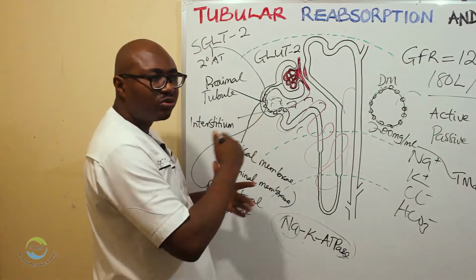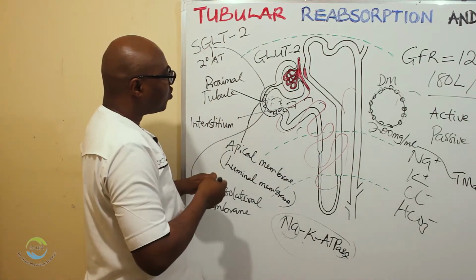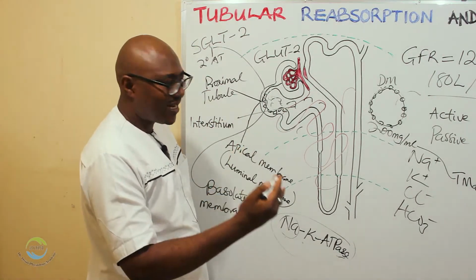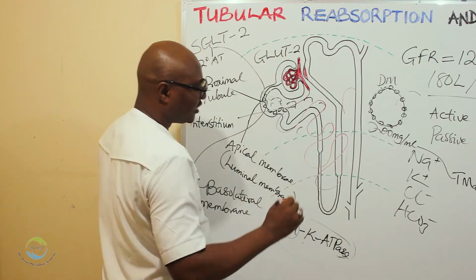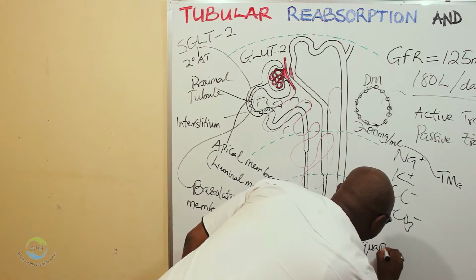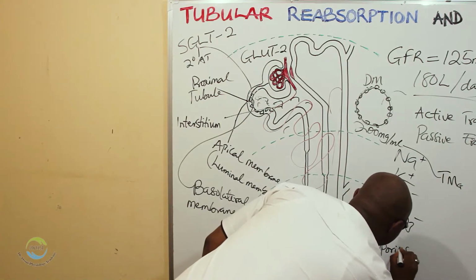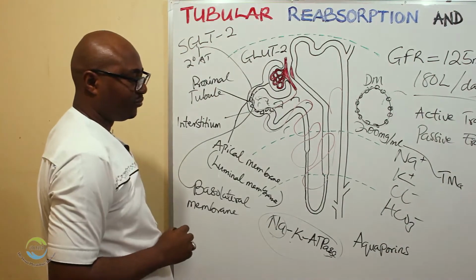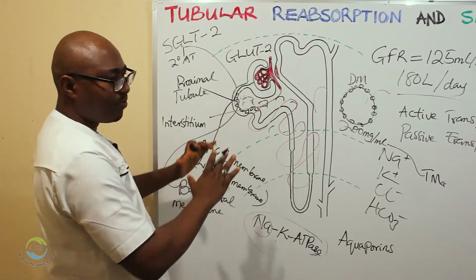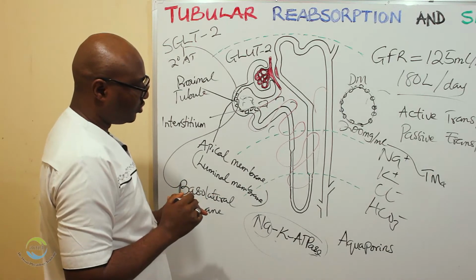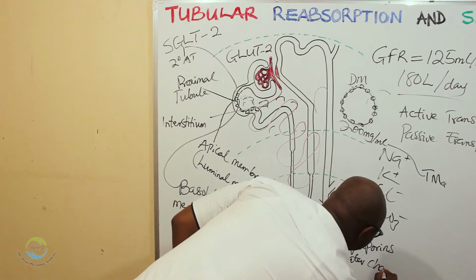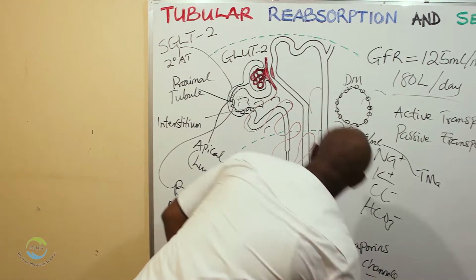It moves normally through osmosis, but it does that through what they call water channels. And they are known as aquaporins. We have aquaporin 1, aquaporin 2, depending on the part of the renal tubule. They are known as water channels.